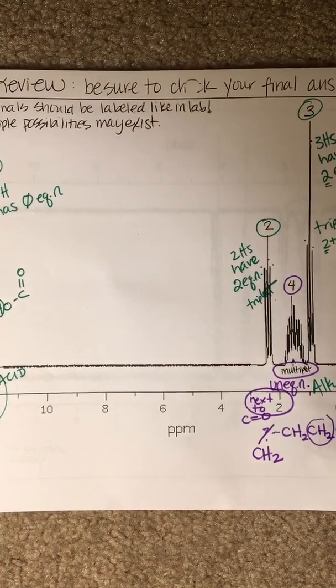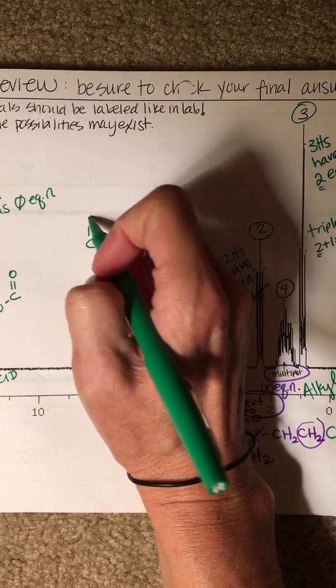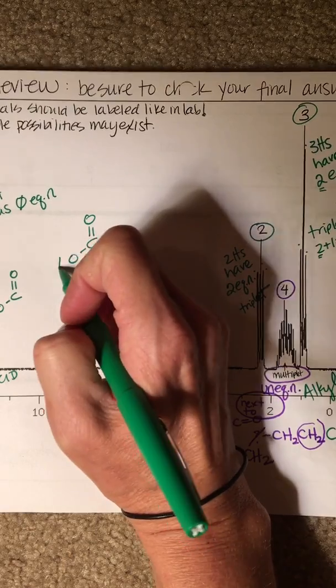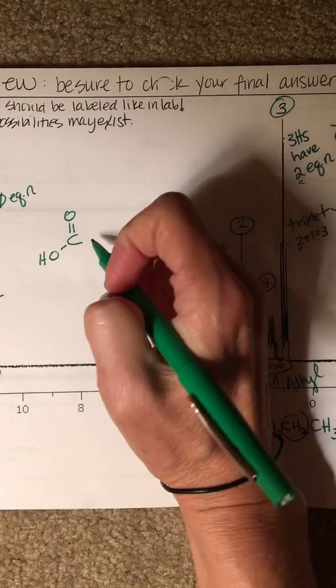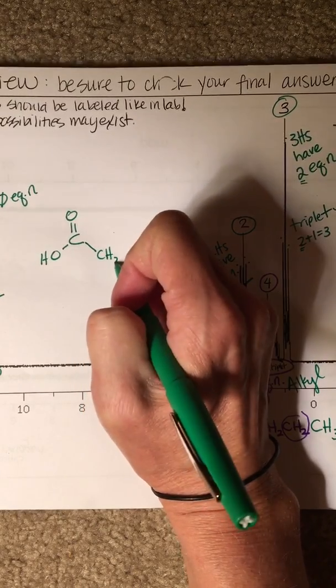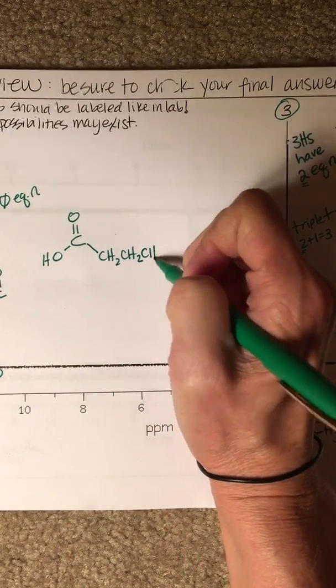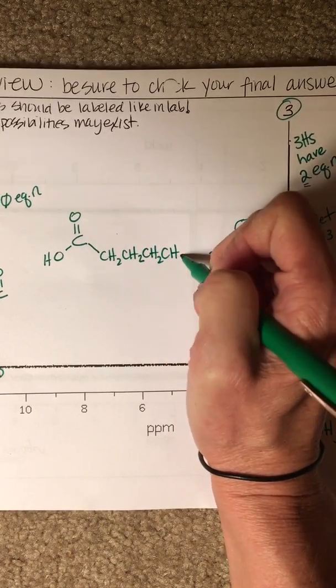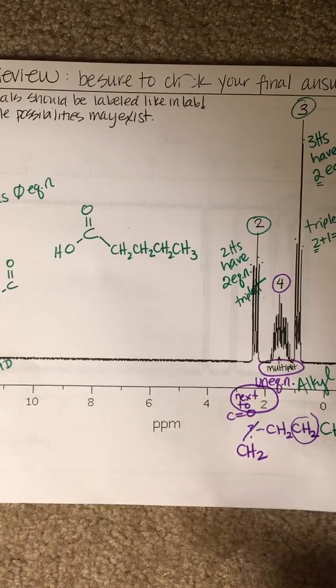So putting it all together and then making sure that we check our final answer. Okay, and then counting, I've got 1, 2, 3, 4 carbons there. So we've got a CH2, CH2, CH2, CH3. Most important part, checking our work.